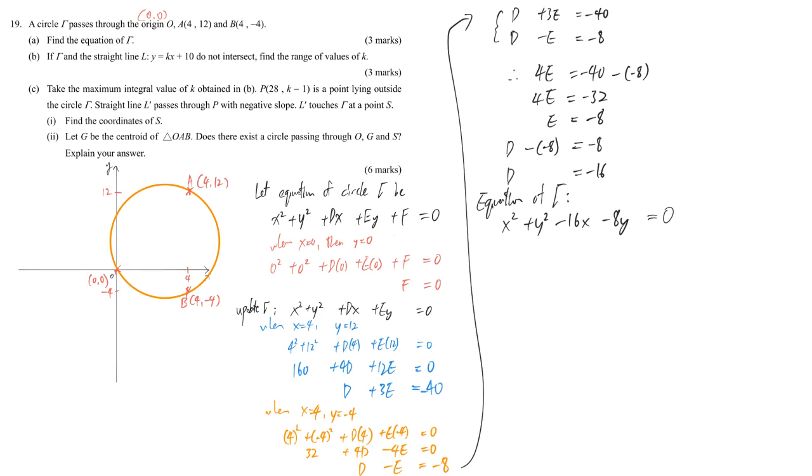In part B, they say that there is a straight line L that does not intersect this circle. And this straight line has y-intercept 10 here, but we don't know the slope. Therefore, it may be like this. But if it is too steep, for example if it is like this, then there will be some intersection point.